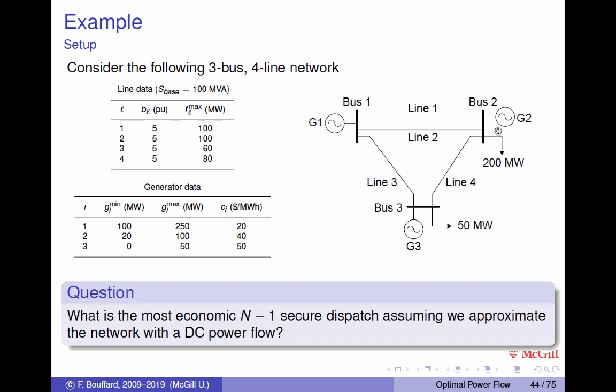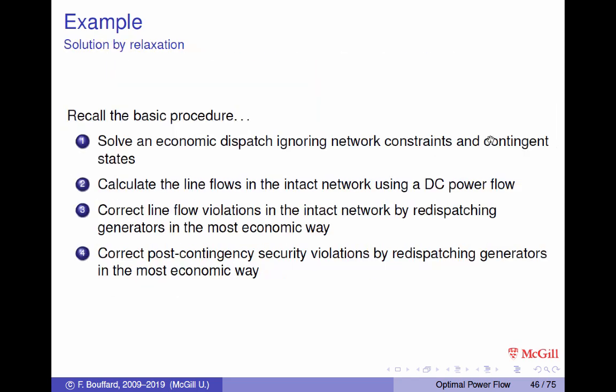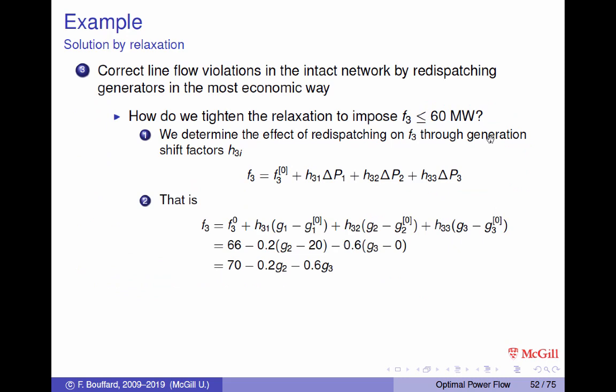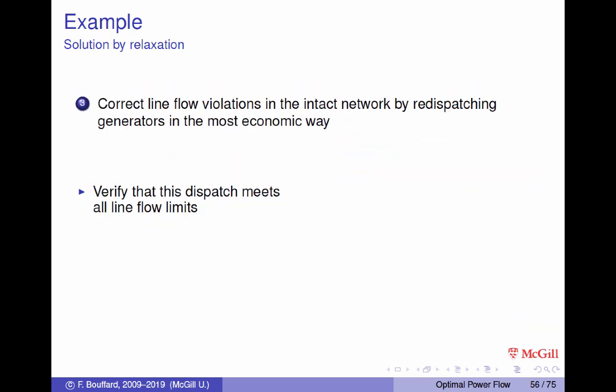But here, if I inject 1 megawatt, or 1 per unit, at node 2, how is it going to distribute across the system? Well, here this is susceptance of 5, susceptance of 5, susceptance of 5. So here this is a longer electrically speaking path, therefore more power is going to go through line 2 in this case. So we have to be careful here in how we approach these, not make assumptions.